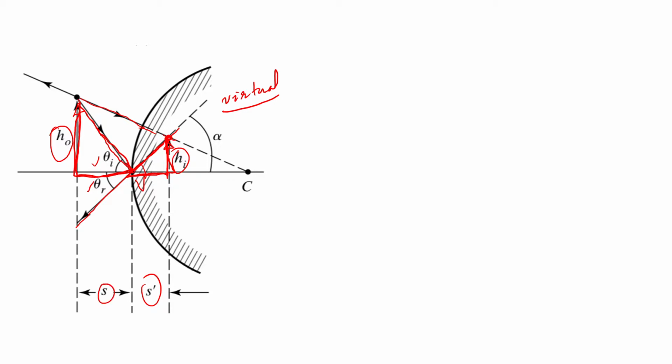The tangent in the first triangle would be h0 divided by s. In the second triangle, the tangent would be hi by s prime. Because these are similar triangles, the angle is the same, and because the angles are equal, h0 over s is equal to hi over s prime.